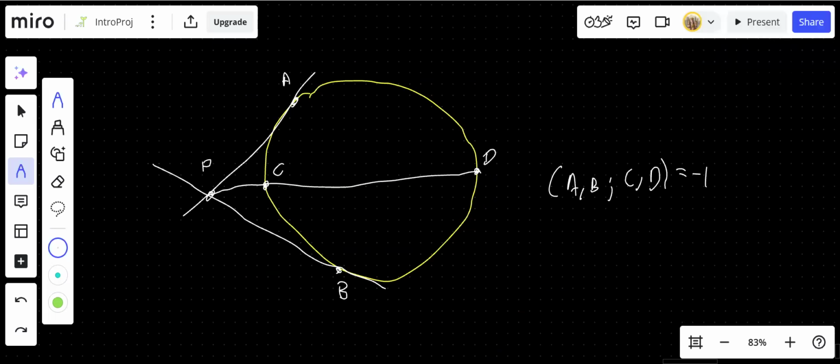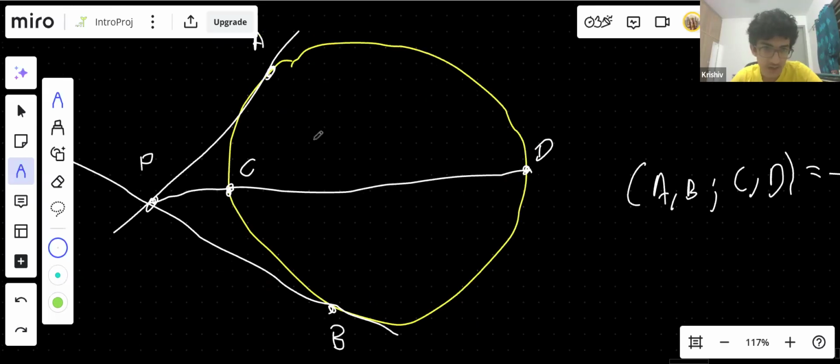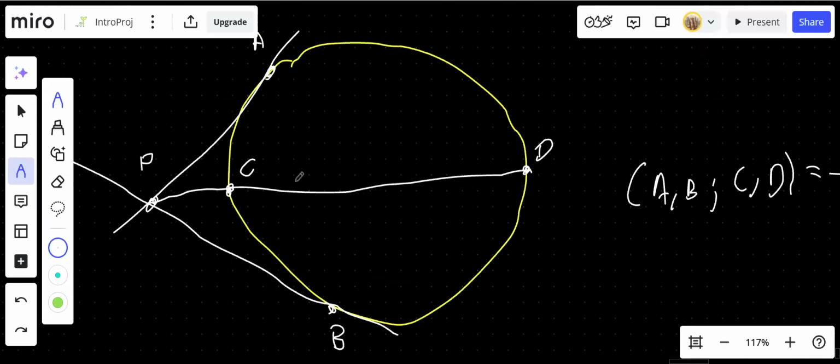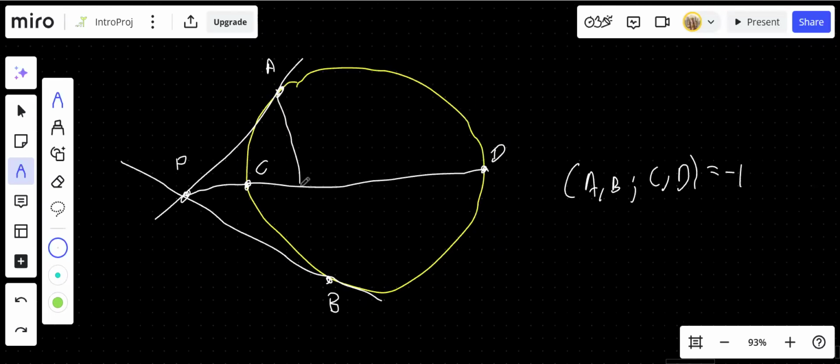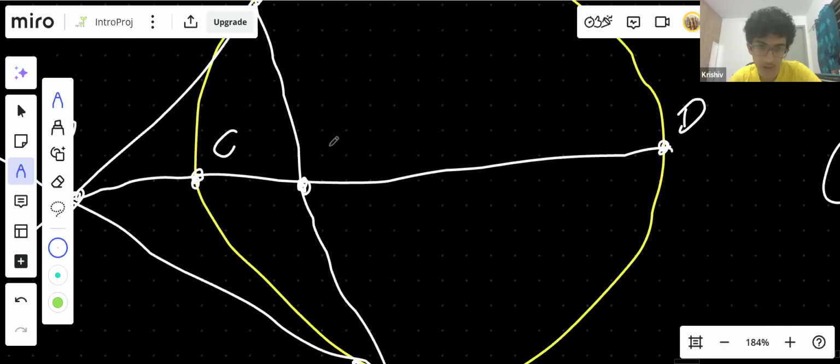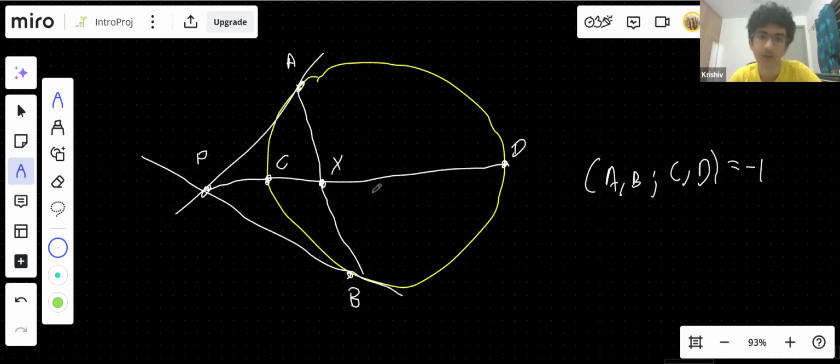PA and PB are tangents, right? So you can just join AB and first define the intersection of AB and CD, just to make it a little easier. Okay, cool. I'll say this is X, and now what?